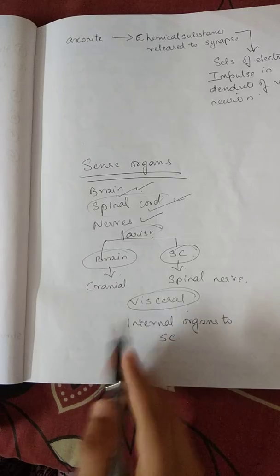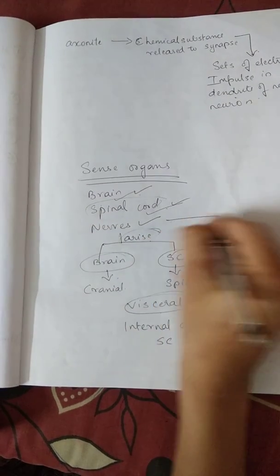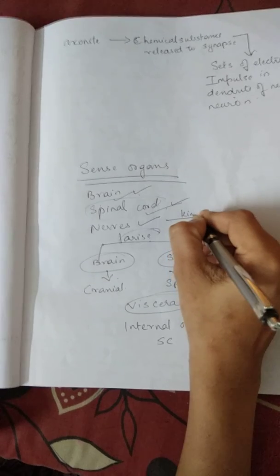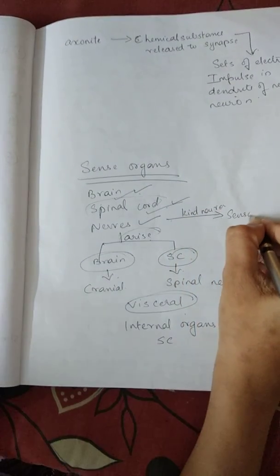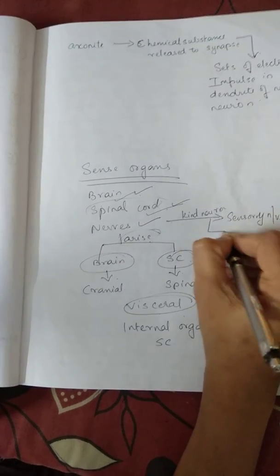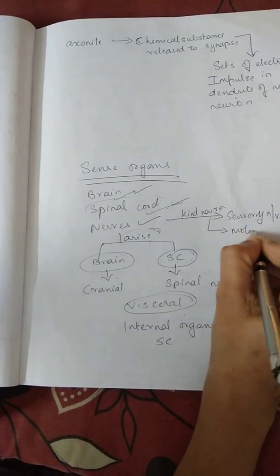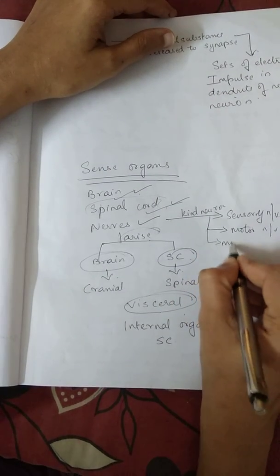Now, based on what kind of neurons they are made up of, nerves are divided into sensory nerves, motor nerves and mixed nerves.